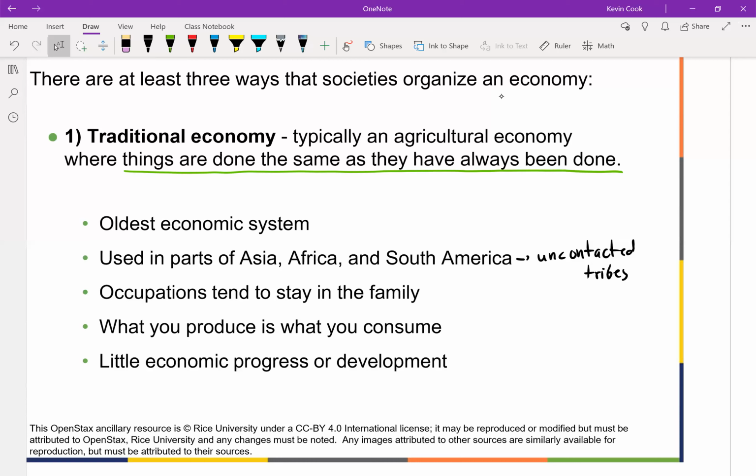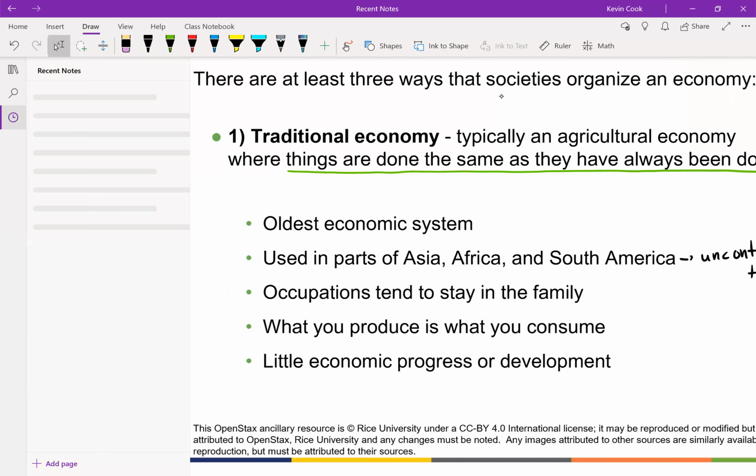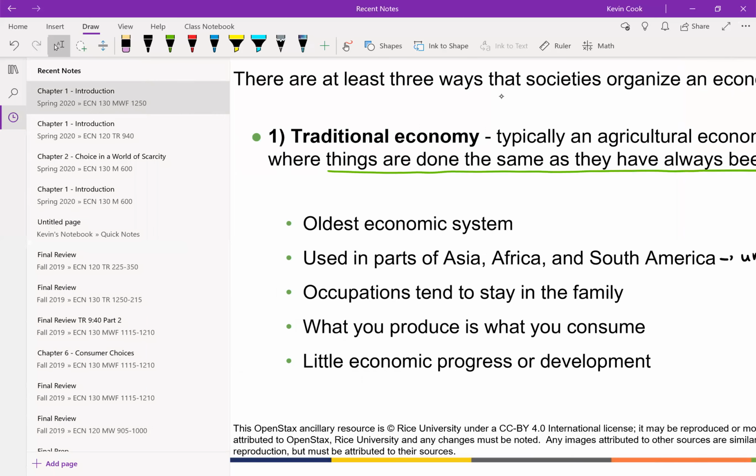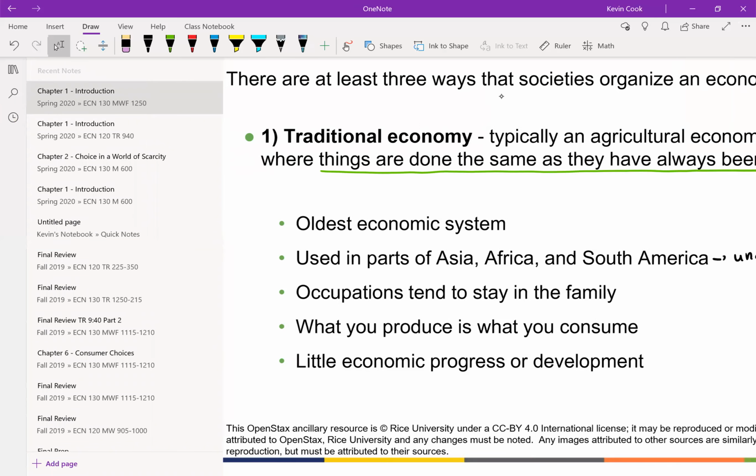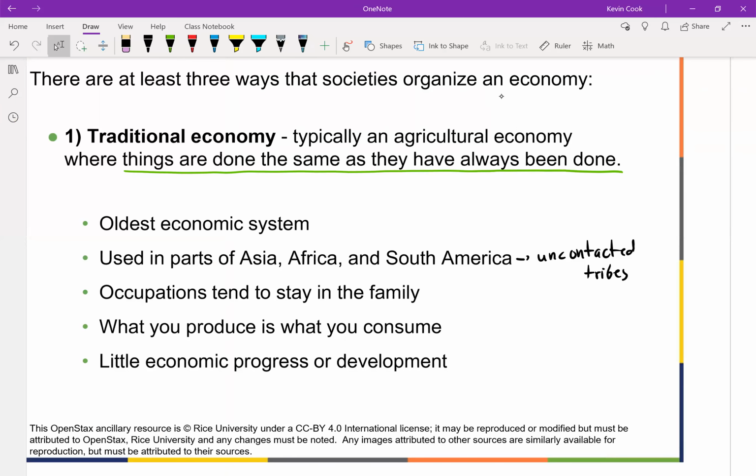Even though nursing tends to be more female dominated and engineering tends to be more male dominated, you have that choice to switch between the two if you wanted to. In a traditional economy, we would say, no, you can't do that because you're this or you're that.